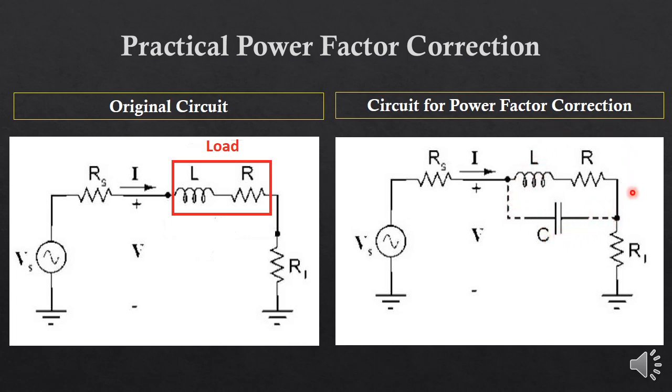Here you can see in this circuit, this L and R is the load impedance and you have placed the capacitors in parallel with the load. Now you have to again find the power factor for this circuit and you will observe the power factor will be improved and it will be close to 1.